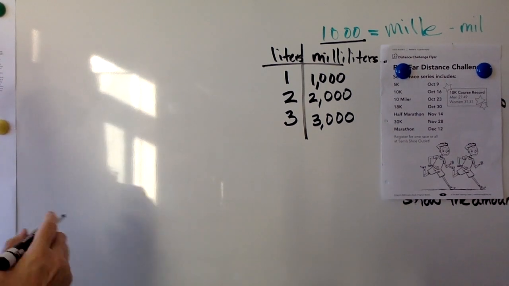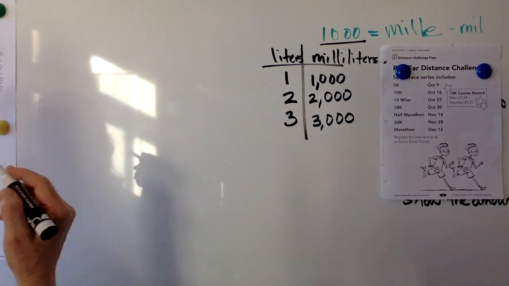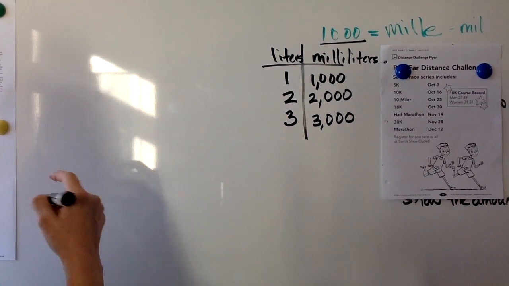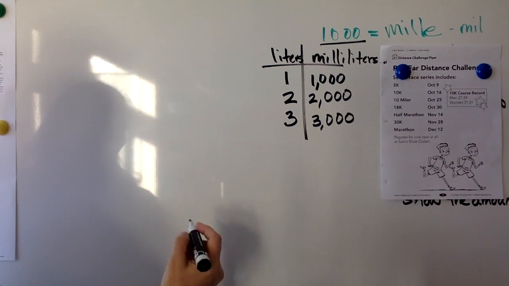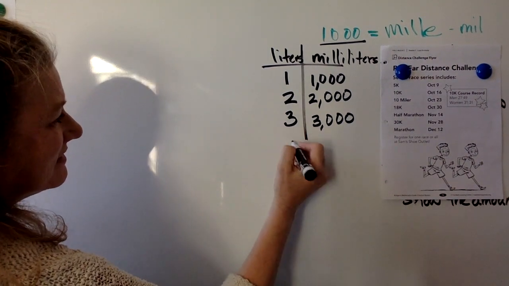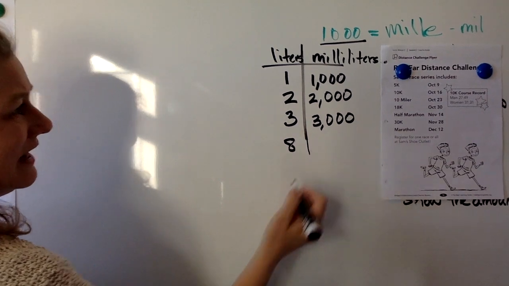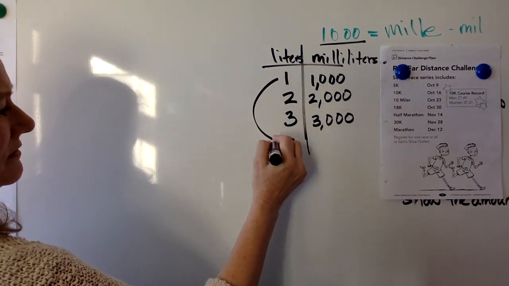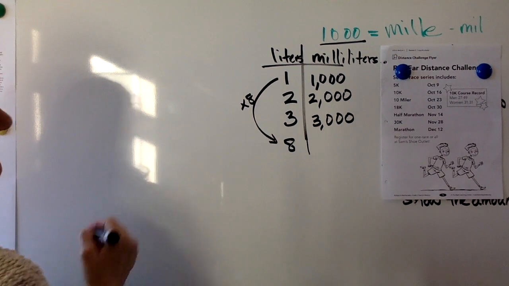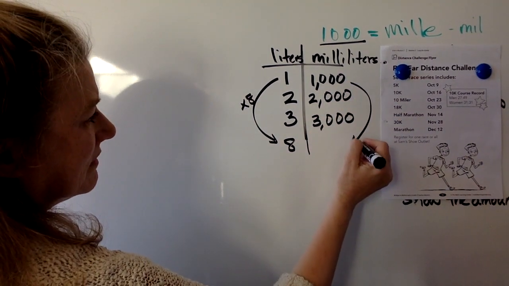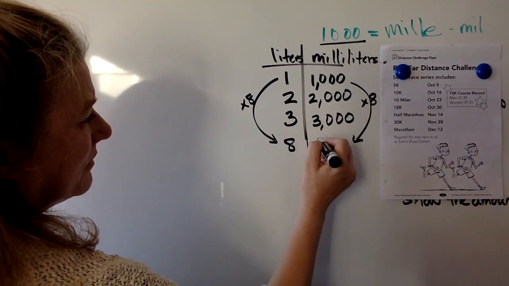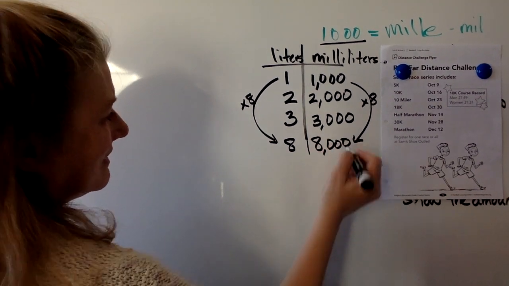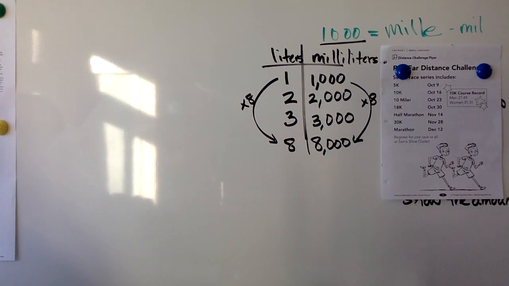What if I asked you a question? How many milliliters are there in 8 liters? Well, let's see. We know what 1 is, and we can times 8, and we have 8,000 milliliters, right? That seems good.